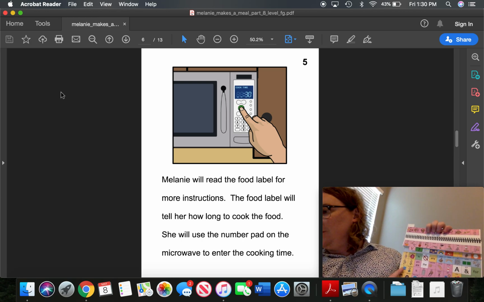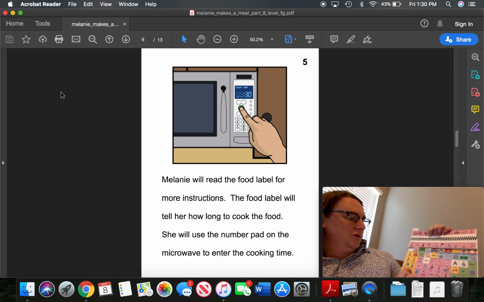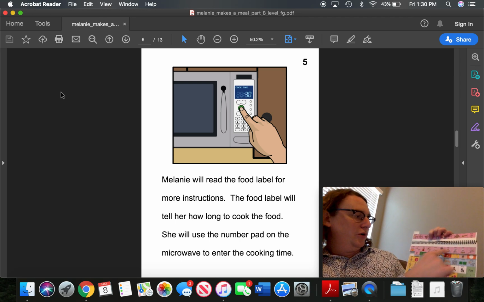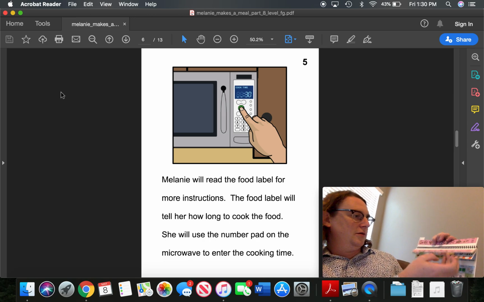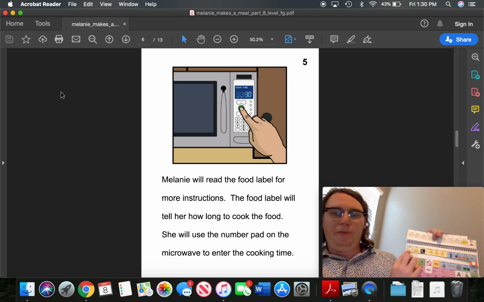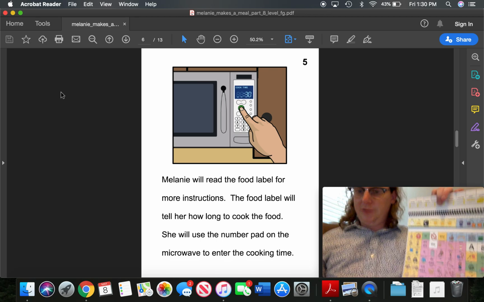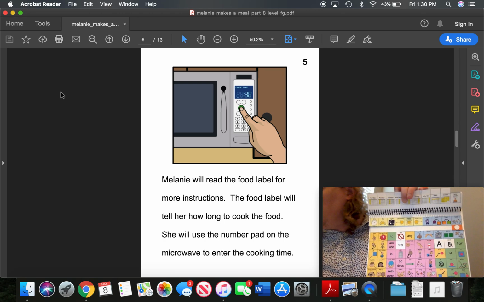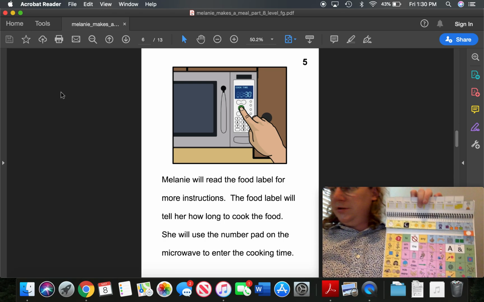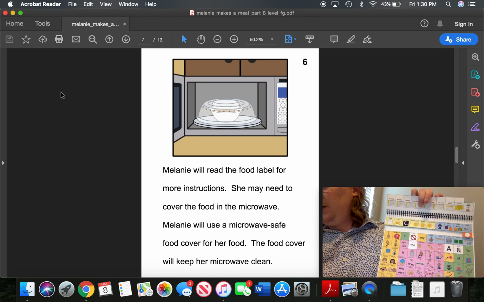And obviously, this would be a lot faster once you've done it a few times. She will put in the time. My camera keeps going down as I'm trying to hold this. She will put in the time. So, and again, repeating, she will read more writing on can.